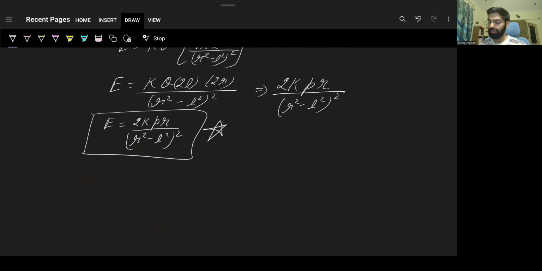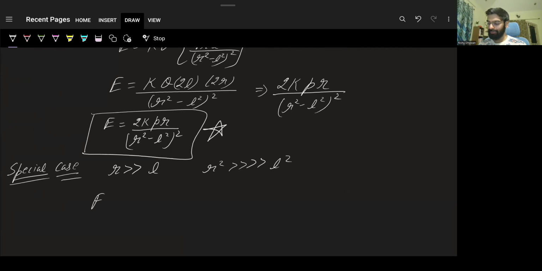Okay. Now there is a special case. What is so special about it? The special case is if R is very, very much larger than L, then what happens? That means R square is very, very much larger than L square. That means L square is very, very small. If something is very, very small, we can of course ignore it.